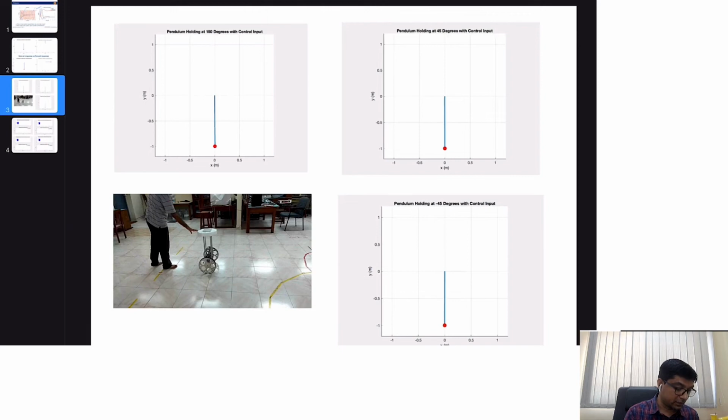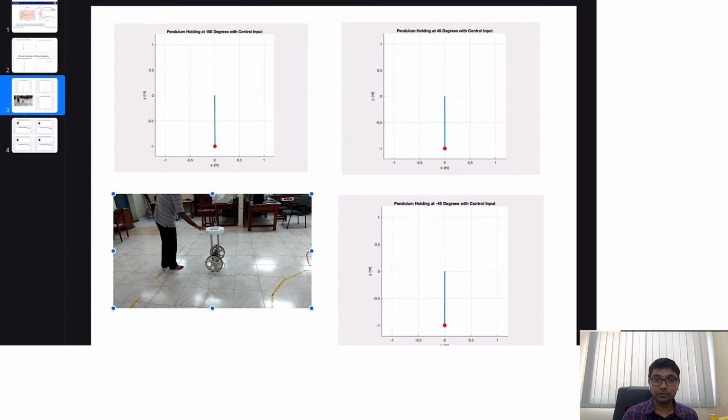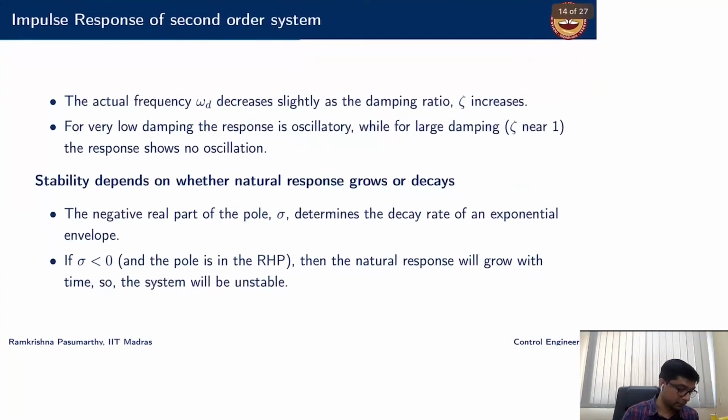By the way, this is also stable. I've forced it in such a way that the upright position becomes stable with a control design. So slight perturbations will force the system back to where it was forced to be. This is a system which is made stable at the upright position, which is naturally unstable. We will learn of those techniques soon.